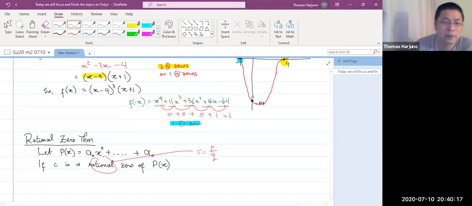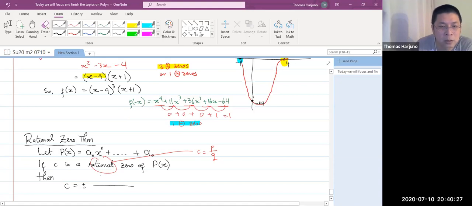Now, if c is a rational zero of P of x, then c must be plus or minus a factor of the constant over a factor of the leading coefficient. Oh, actually, I need to add one more.